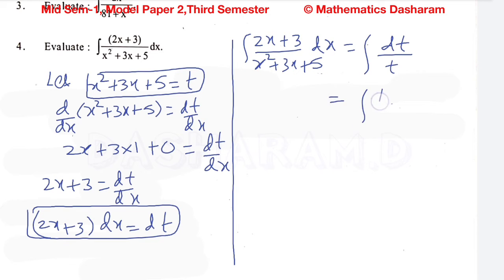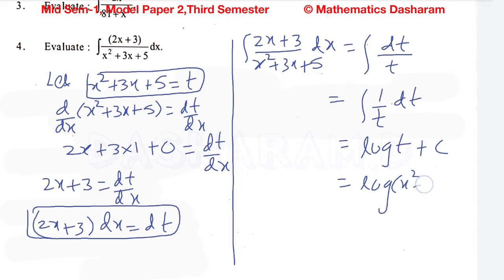So it is equals to integration 1 by t dt. So integration of 1 by t is log t plus c. So now substitute the t value. The t value is x square plus 3x plus 5, so log of x square plus 3x plus 5 plus c is our required answer.